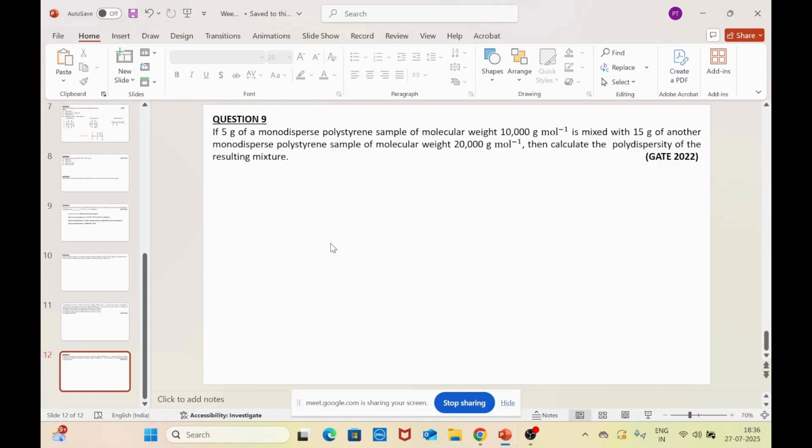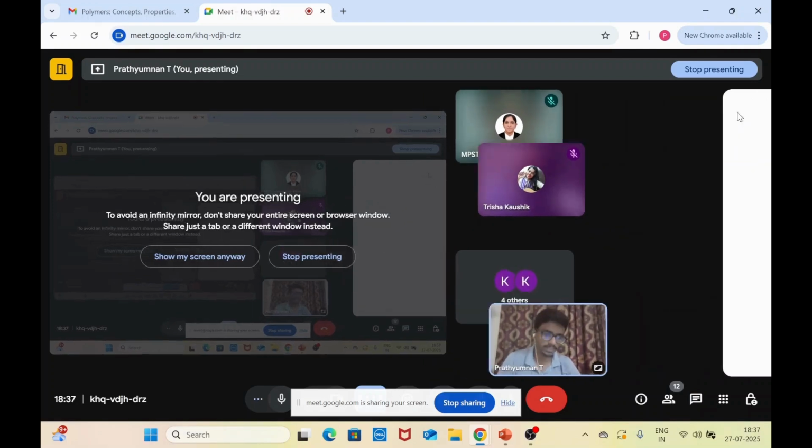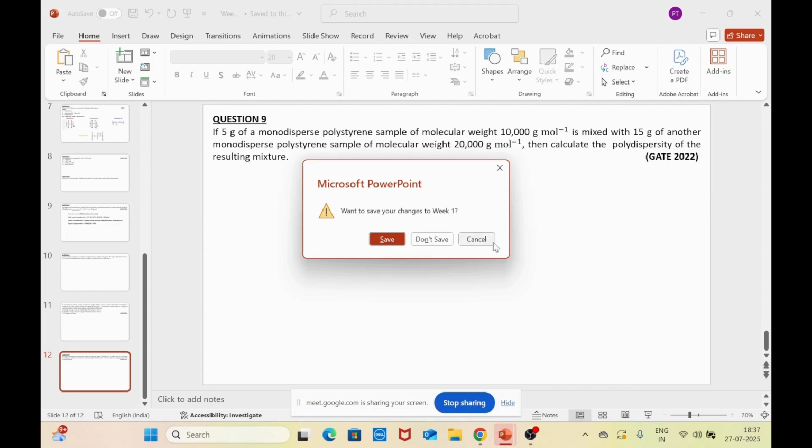What do you mean by monodisperse? Polymer chains are typically of similar length or similar size. It's better to say similar length.